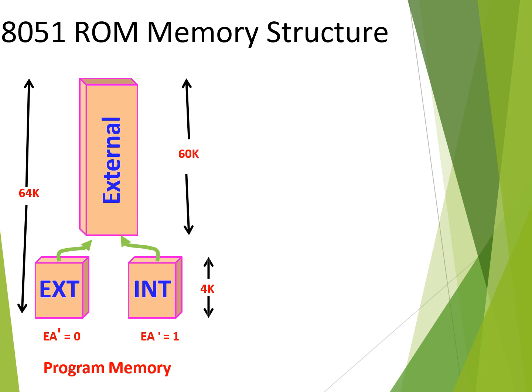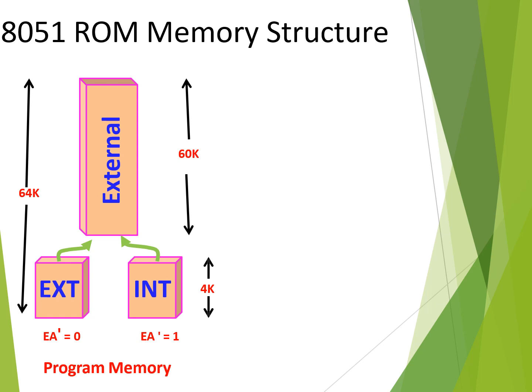So why? What is the need to discard the internally available ROM? There are some cases where the system needs to get updated. 8051 has only ROM. EPROM is not available in 8051. If EPROM is available, it can be erased and rewritten, but that is not the case for ROM, because ROM is only read-only memory.